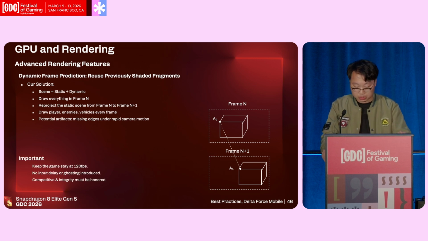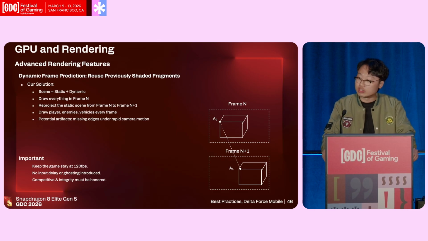And it's critical: the game still runs at 120 frames per second. No input delay or ghosting is introduced. It achieves an inter-frame reuse of static scene elements. There are still many more details to this approach, but due to the time constraint, I won't go deeper into it here.